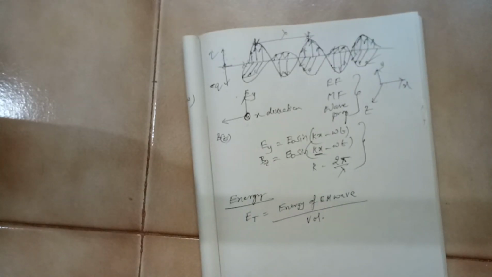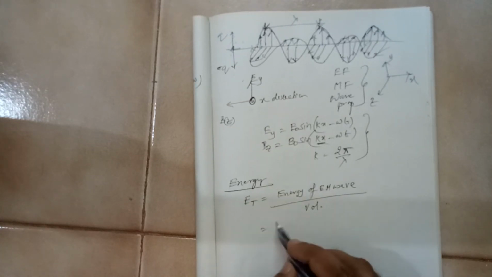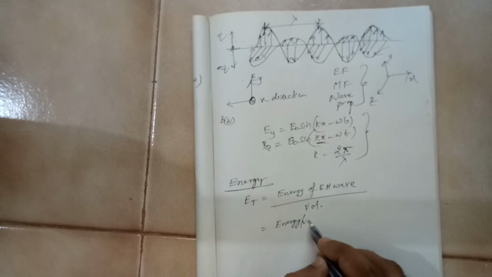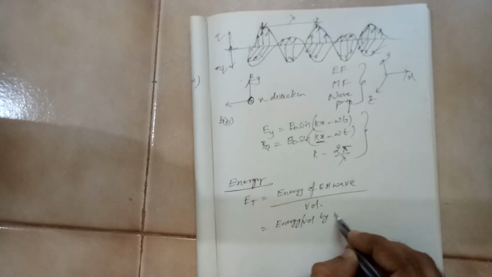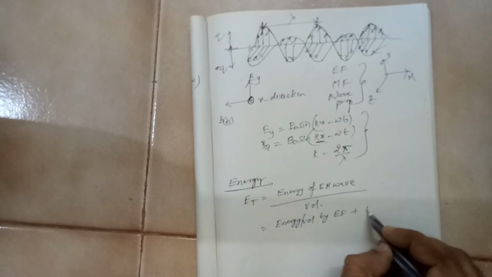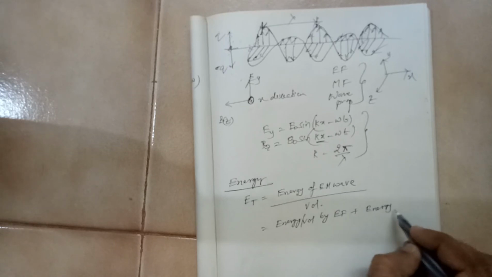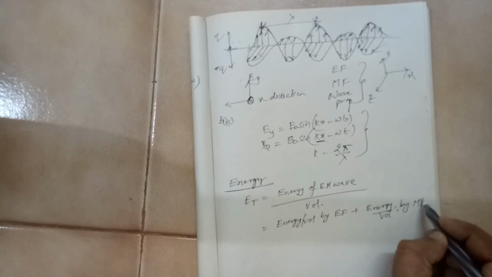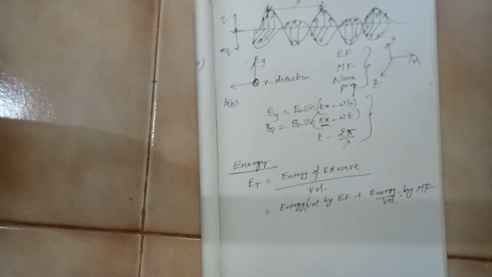Correct? Now who carries this energy? It is partly carried by the electric field and partly by the magnetic field. So this is energy per volume by EF and energy per volume by MF. MF means magnetic field.